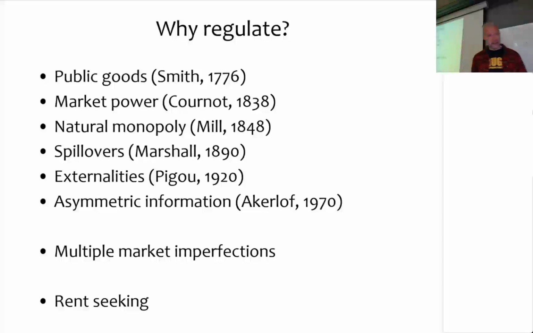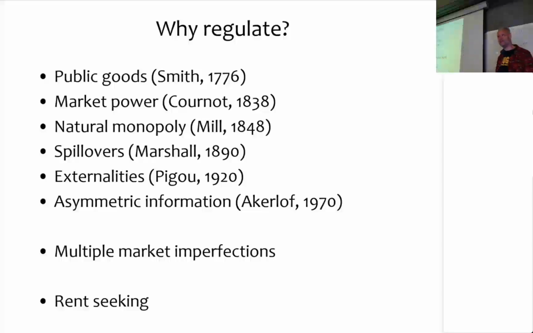And then in 1912, not in 1920, Pigou added externalities to the range of things where the market will fail if unregulated. So all of this is old stuff, right? This is old stuff, more than a century old. And of course, in environmental economics, we're primarily concerned with public goods and externalities.